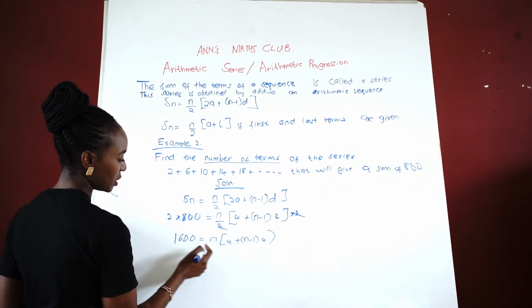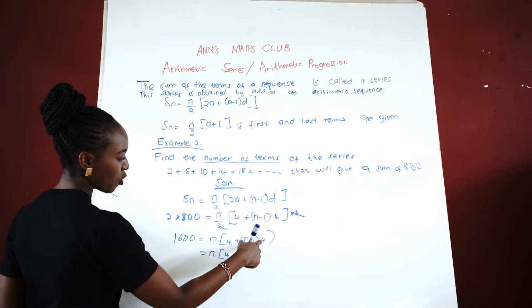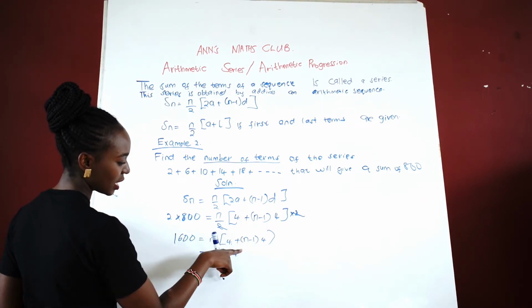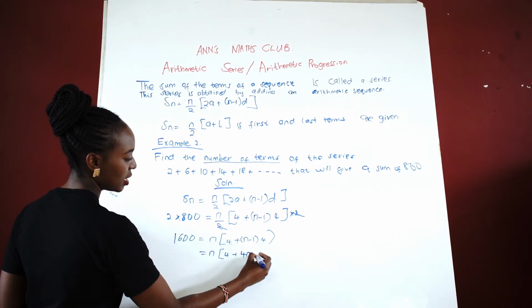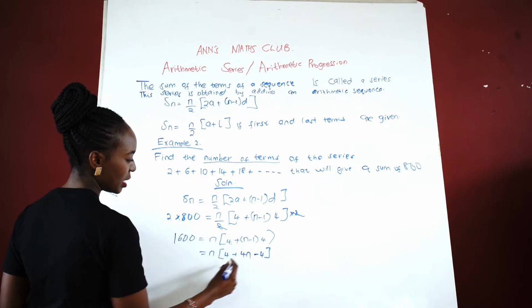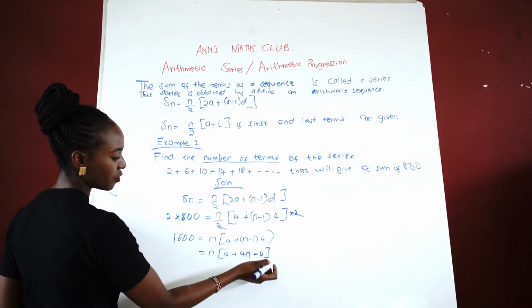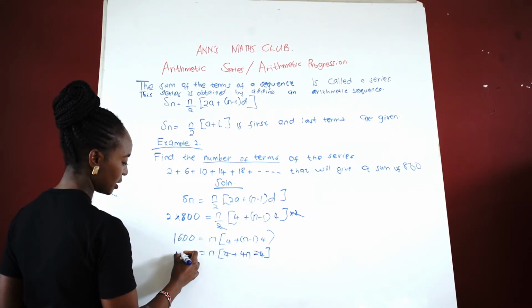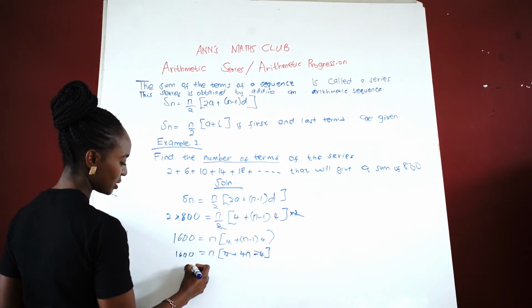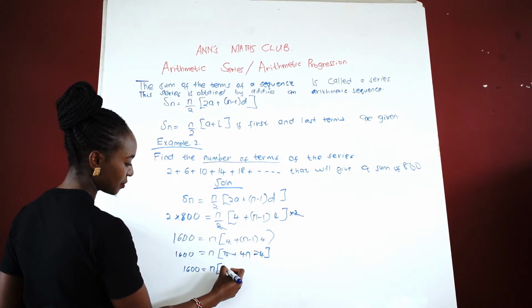So let us work on this side. n into 4 plus, opening the brackets, 4 times n is 4n, 4 times minus 1 is minus 4. Again, 4 and minus 4 will cancel out, 4 minus 4 is 0. So this side is still 1600, so 1600 equals n into 4n.